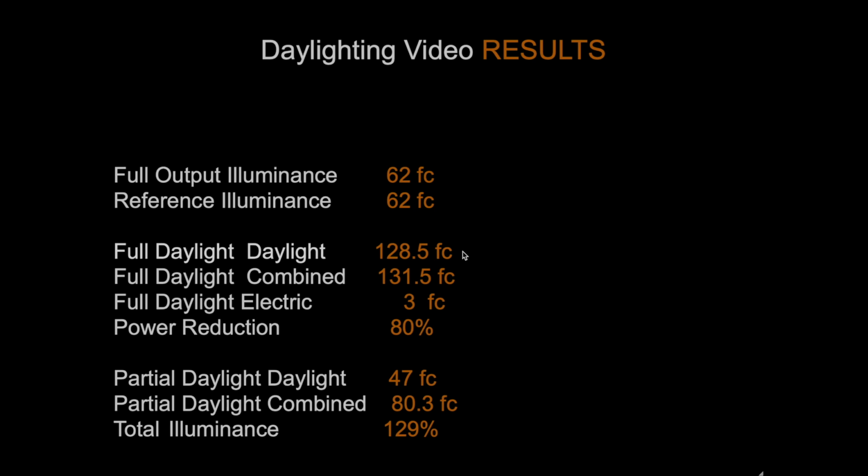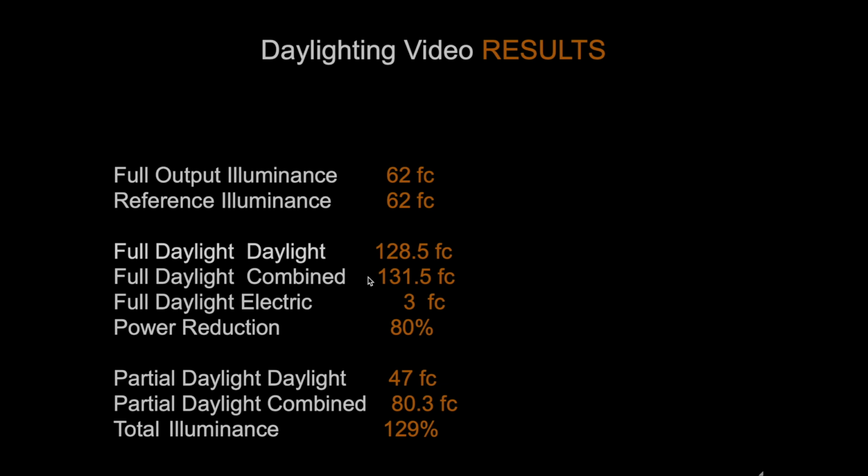We had 128.5 foot candles of daylight at our reference location. So it qualified for us to start this test. We turned off the electric lights, put our light meter down or kept our light meter in our reference location. We had 128.5 foot candles of daylight entering the space, so we're able to turn the lights back on.